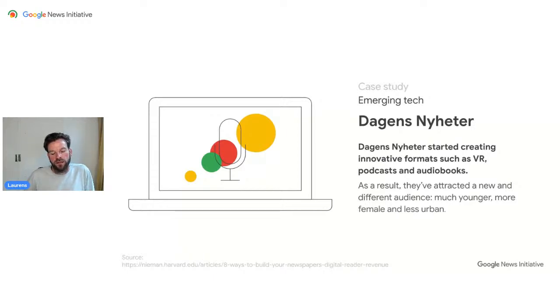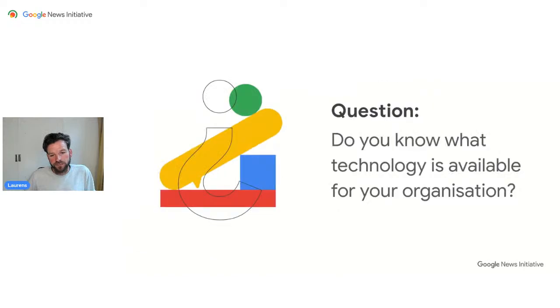And therefore, they are really experimenting and getting good numbers working with innovative formats, again, such as VR, podcasts, and audiobooks. So those might be tools, technologies, and media types you could experiment with to establish your digital newsroom that caters to your audience needs and obviously takes your values into account.